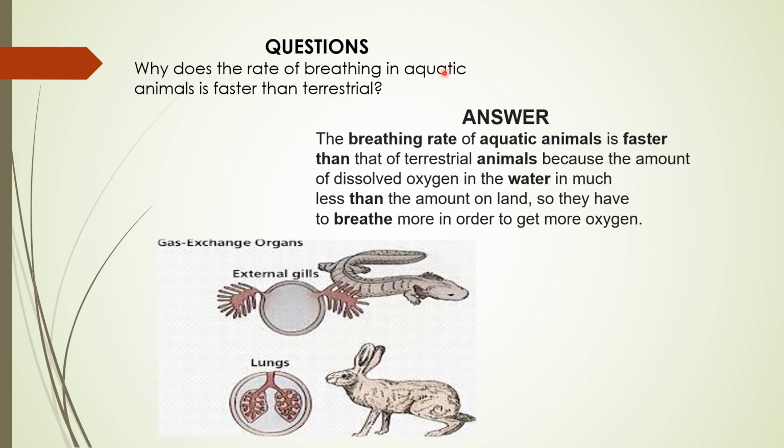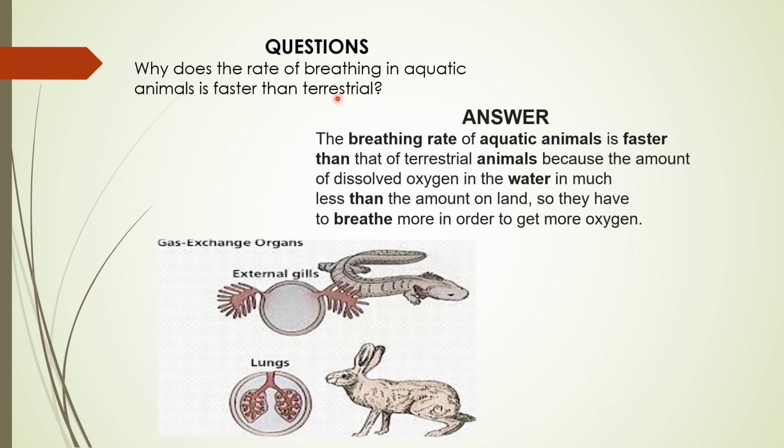If they are living in water, the oxygen they take, they take from the water. In the case of terrestrial animals, they take oxygen from the environment. If we compare, the amount of oxygen in water is very much less than the amount on land, or in the environment.